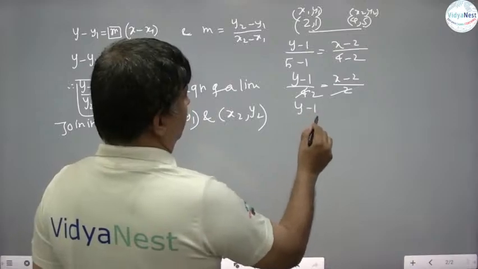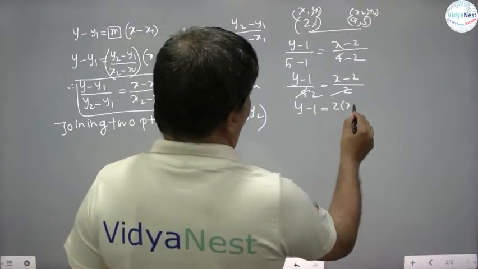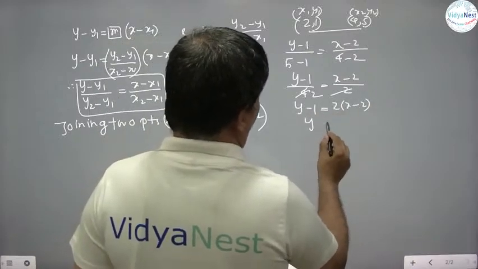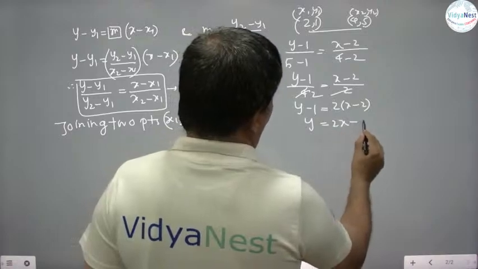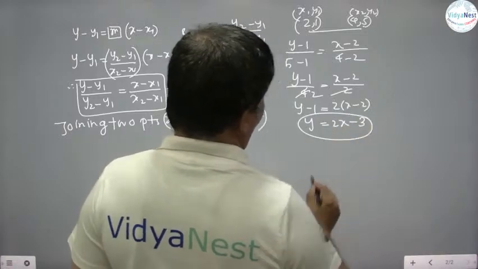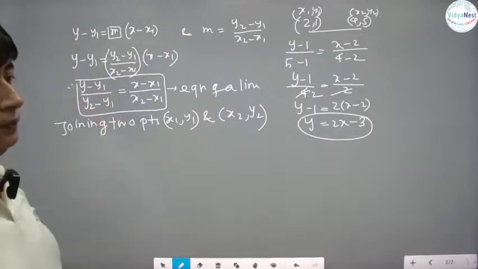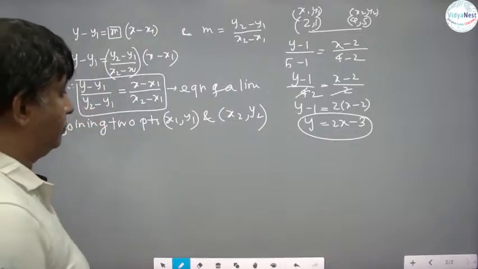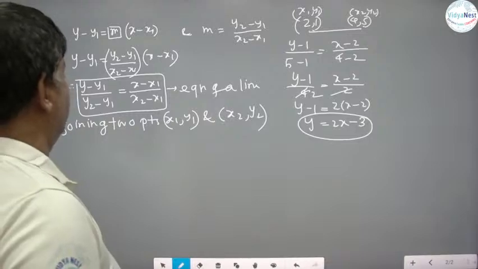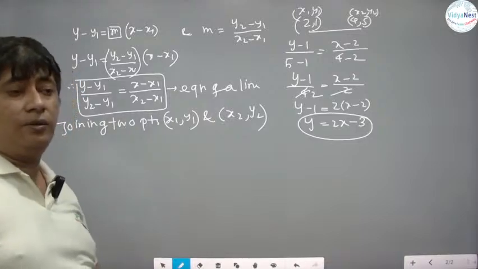So y minus 1 is 2x minus 4. So y is equal to 2x minus 3.